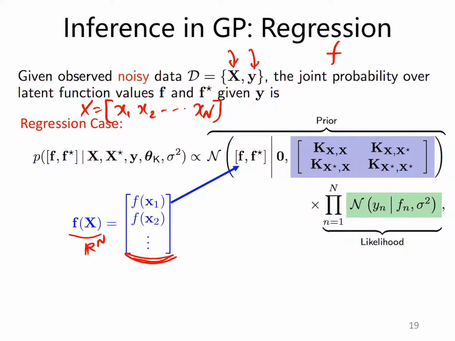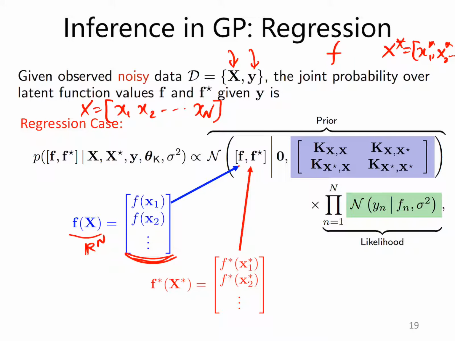What would happen if I'm given the test data? My test data is going to be x star, that is x star 1, x star 2, and so on. How is the joint distribution of my function going to change after the input of the test data? This would be the space of all of these tests.